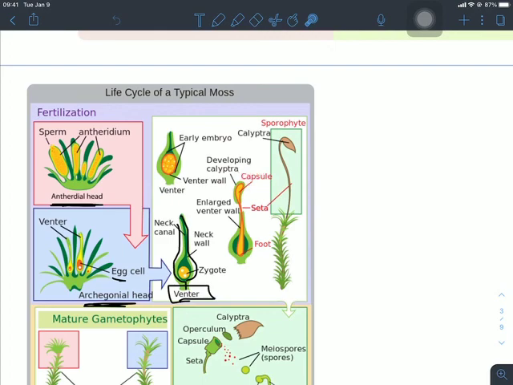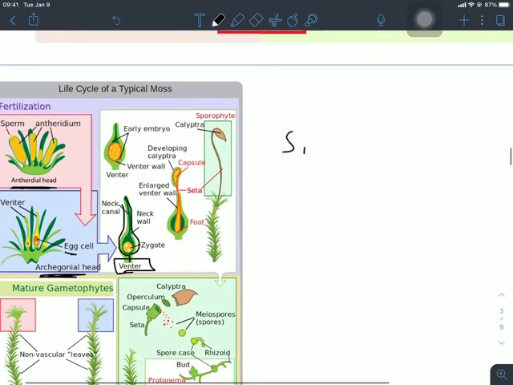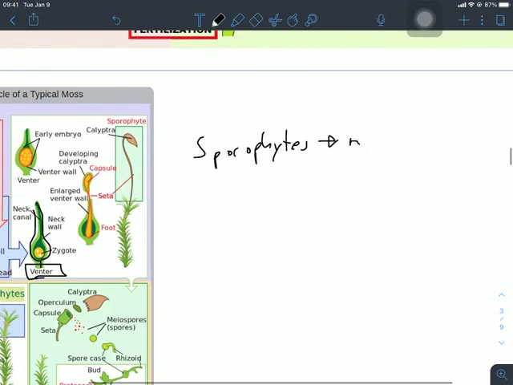The capsule being the structure that's going to go ahead and store and create our future spores. So you can always remember, even though I understand the naming on this is confusing, but the sporophyte is named because it makes spores.